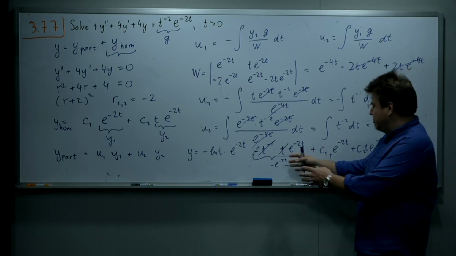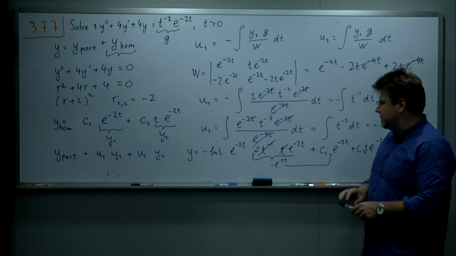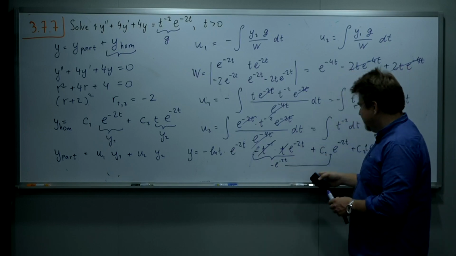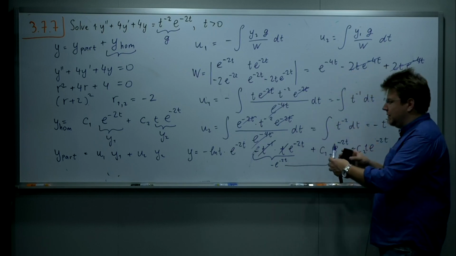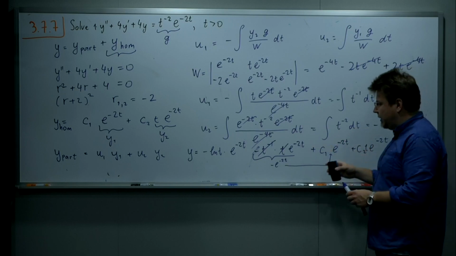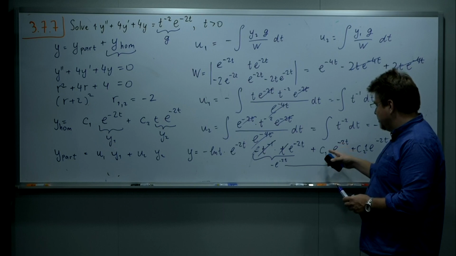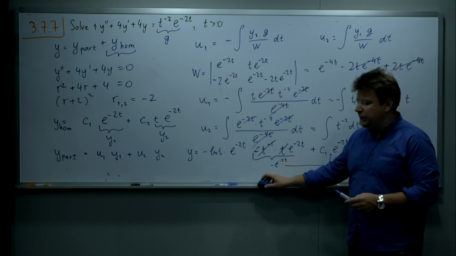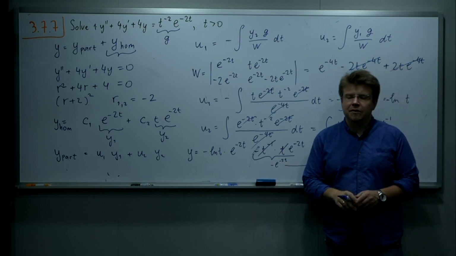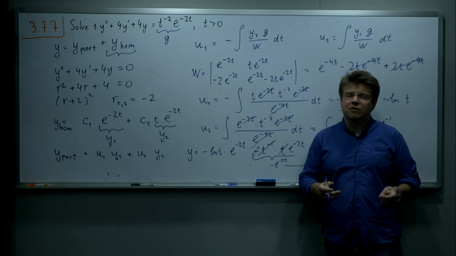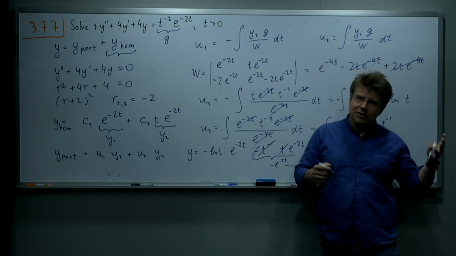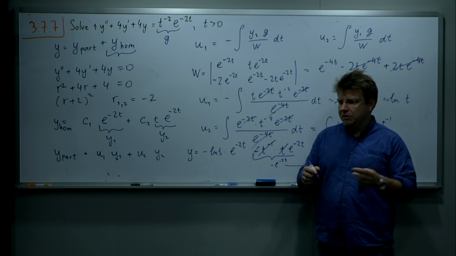So maybe we should push it where it belongs. Of course, the total expression, if we include this, is going to be e to the minus 2t with coefficient c1 minus 1. But if c1 is an arbitrary real number, then c1 minus 1 is also an arbitrary real number, which we could denote by c1 tilde or something like that.